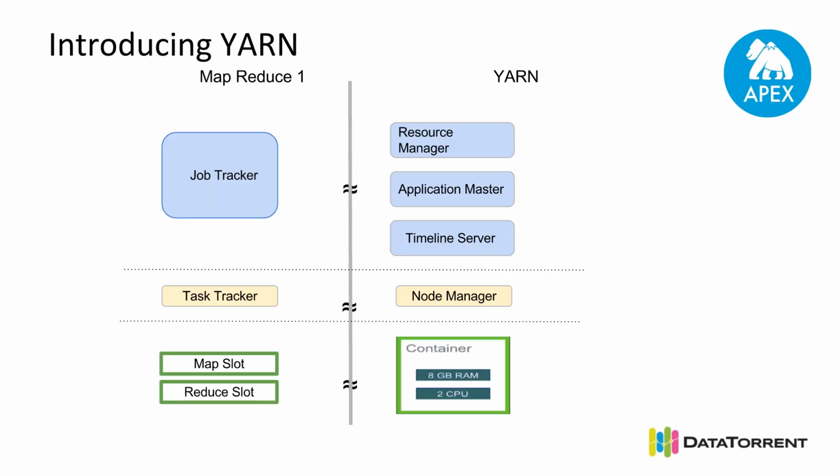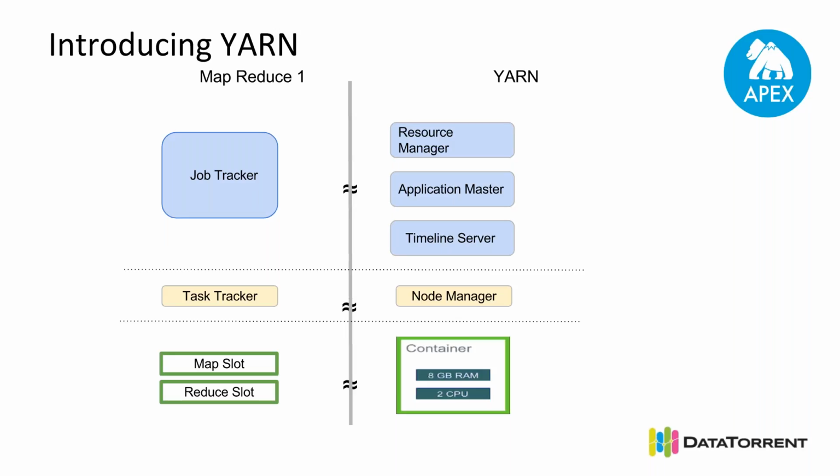Whereas in version 2, you ask for containers. What is a container? It's just a processing slot actually. It is normally measured in terms of RAM and CPUs. You can actually run absolutely any kind of process in this container. You can decide to run a map or reduce process as well.